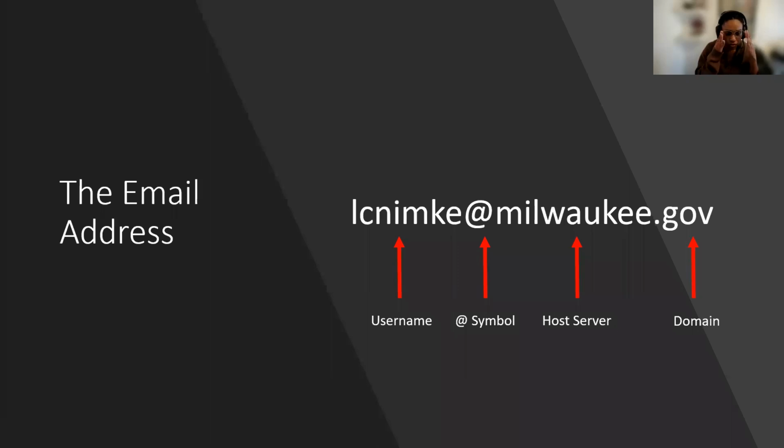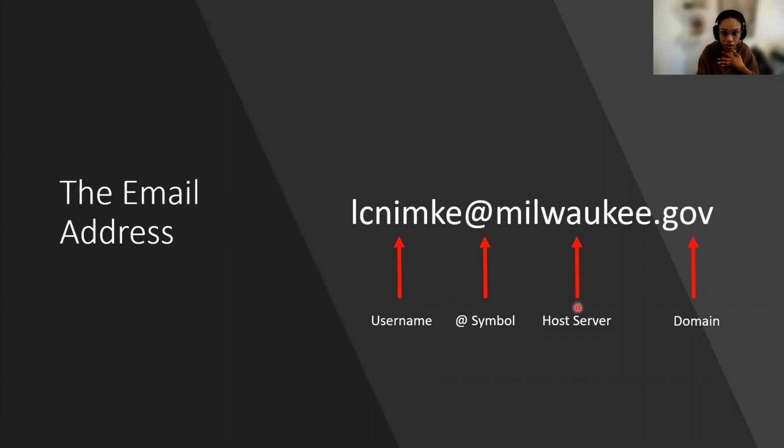Others prefer to use nicknames or code names for privacy or anonymity. The second component is the @ symbol. Every email must have this @ symbol, otherwise it's not going to go through. It's not an email. The third component is the host name, or the name of the internet service provider.